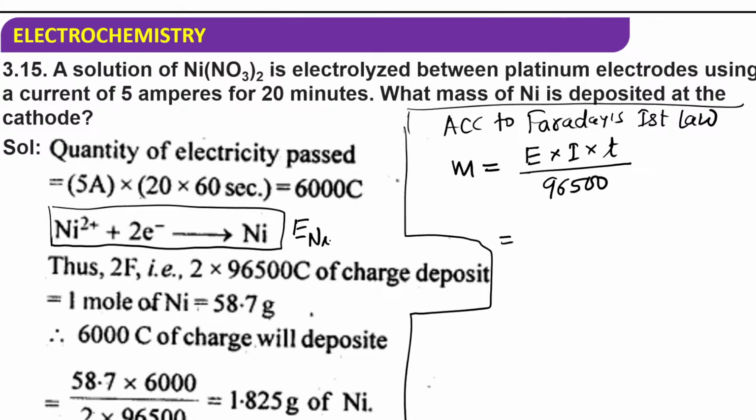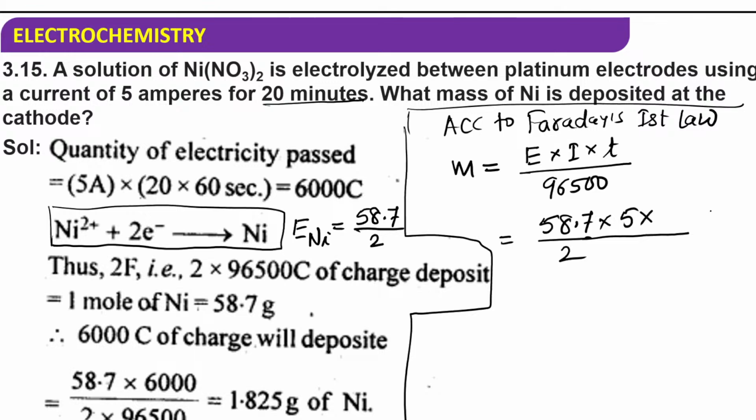Equivalent weight of nickel is atomic weight of nickel divided by 2. That is 58.7 by 2, and current in ampere, so that is 5, and time is given in minutes.